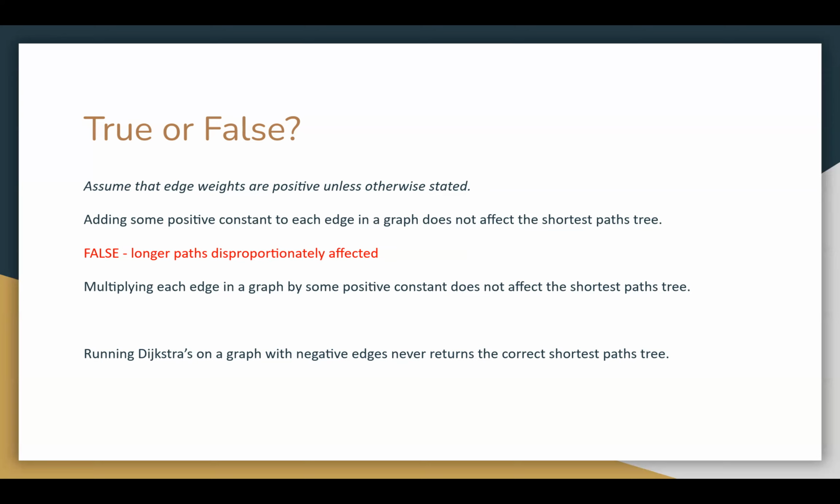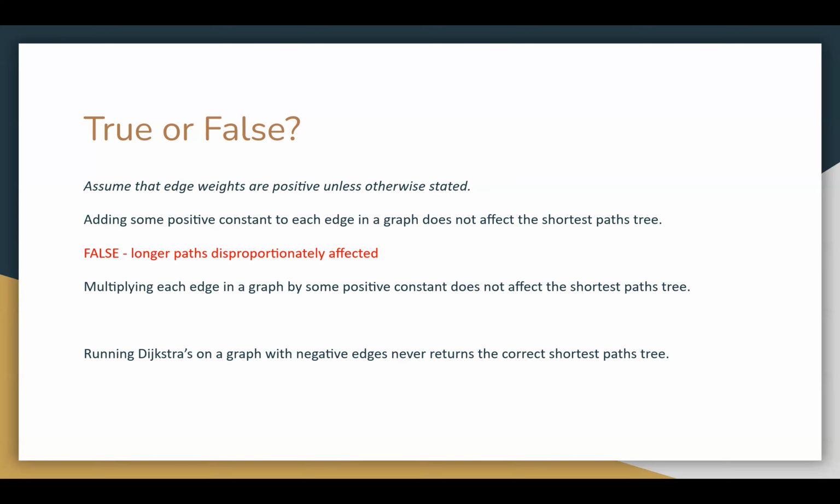Originally, our shortest path will be of total weight 6 going through A, B, C. But after we add weight 2 to every single edge, then our original shortest path will no longer be our shortest path. Our shortest path after 2 is added to each edge will now be going directly from A to C. So if we're adding a positive constant to each edge in a graph, then it disproportionately impacts paths that use more edges.